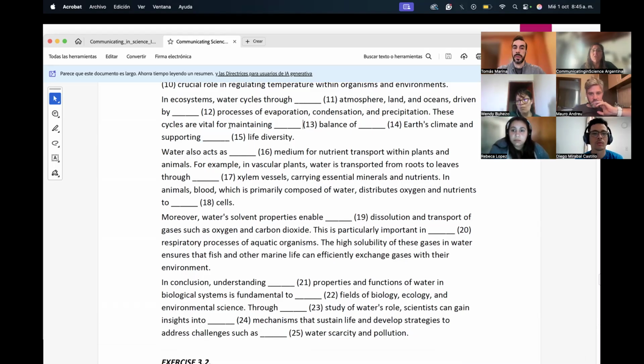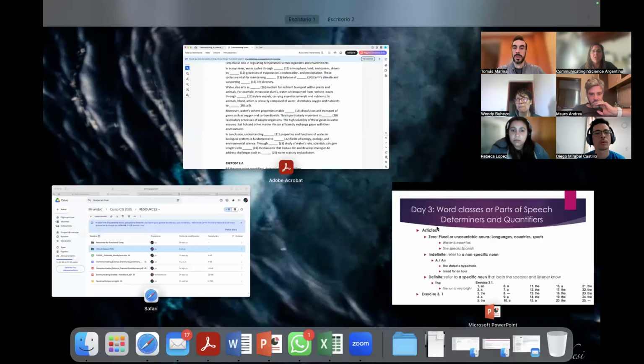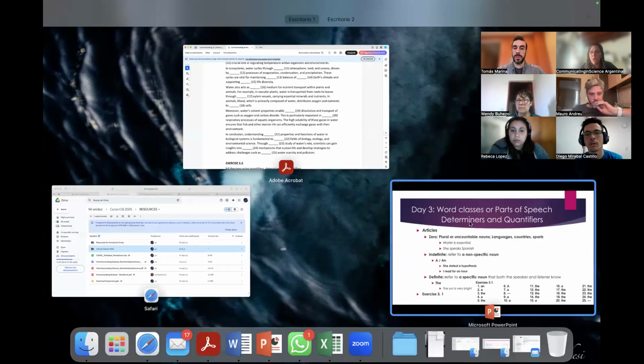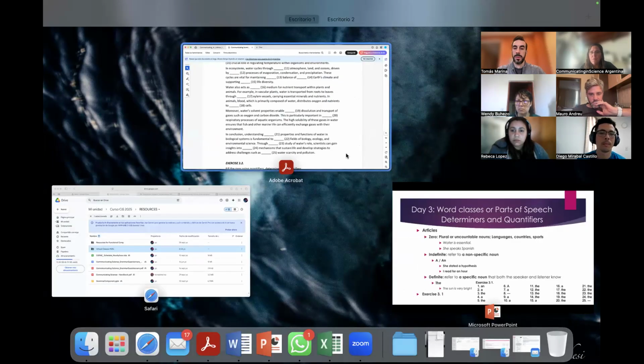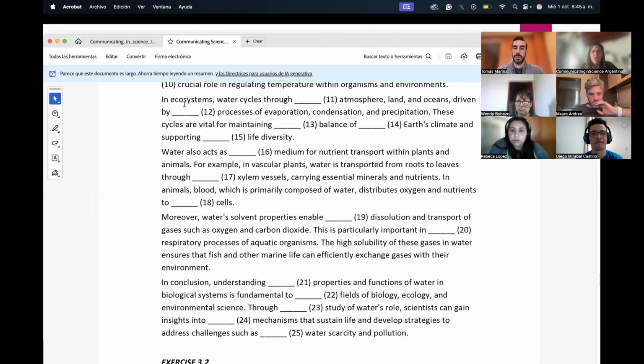Driven by processes of evaporation, condensation, and precipitation in 12. Depending on the context of your sentence, in this case I was looking for the, but you could leave it empty.